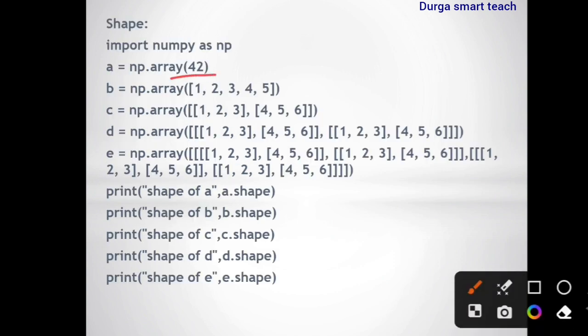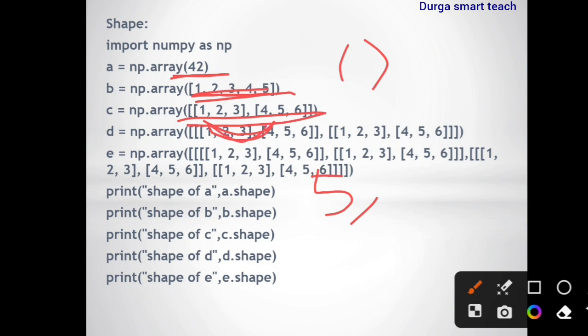So here it does not contain any dimensional, right? Zero dimensional. So that's why the shape of this is just parenthesis. So here it is only one dimensional, right? So here it contains 5 elements. Okay. Next. So here it is two dimensional. So here two dimensional contains two one dimensional.